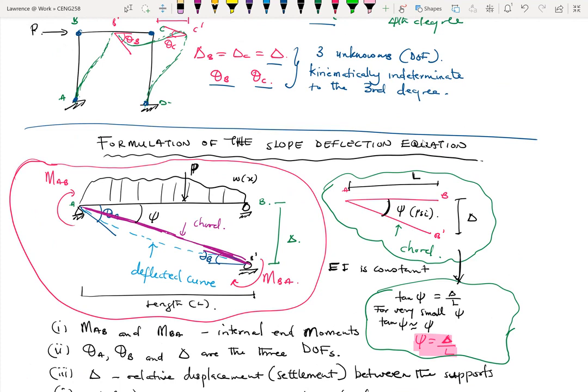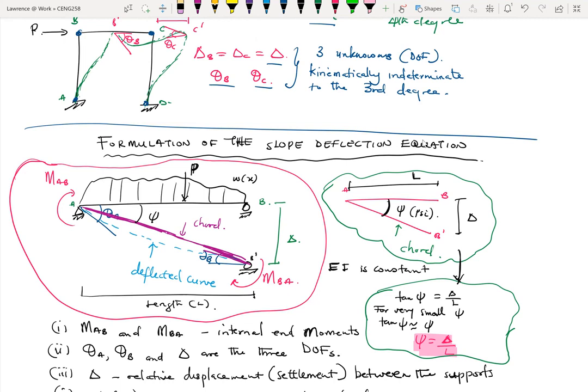Then when we have such a case, how do we solve it? So we are trying to understand that in this case, there are three unknowns, or three degrees of freedom, right? Theta A, theta B, and then delta.